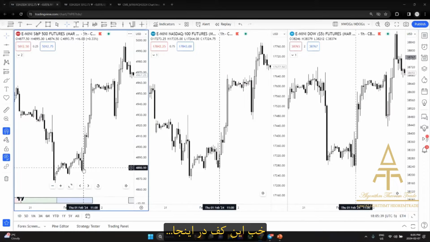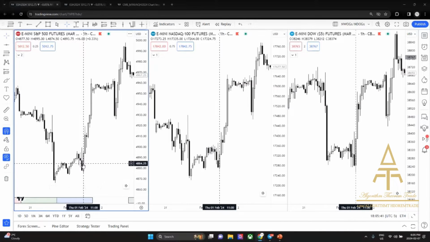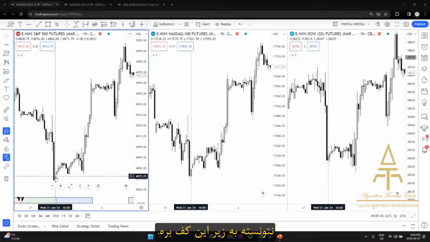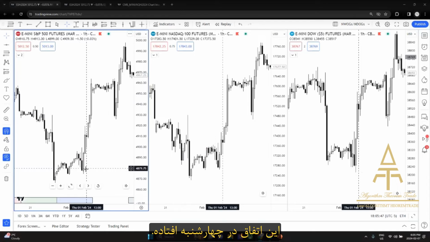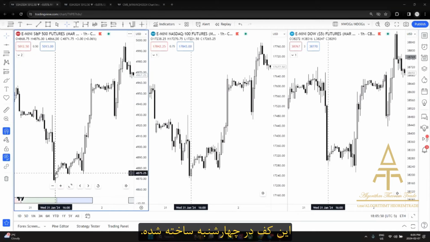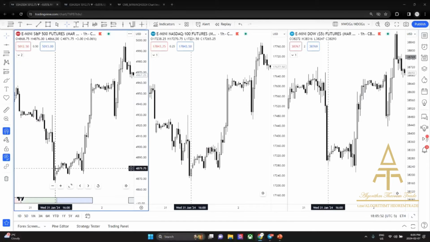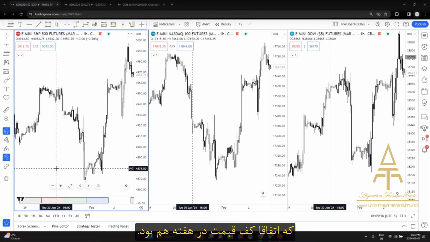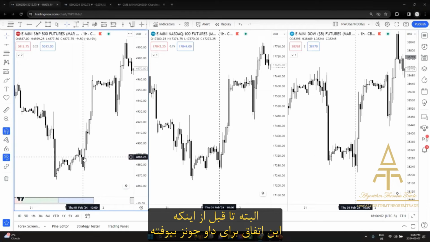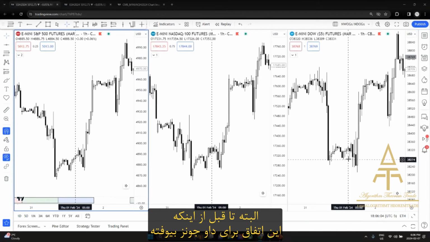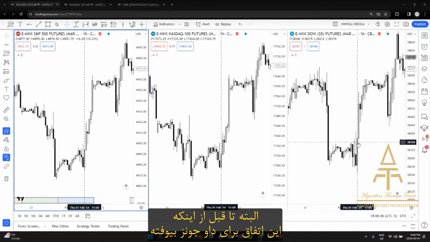So this low right here failed to break below this one during Thursday's price action, right? This low was formed on Wednesday, which I believe was the low of the week. Yes, it was before Thursday occurred for Dow Jones, right?